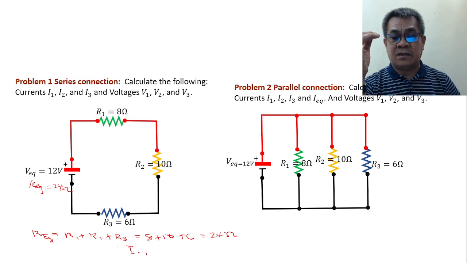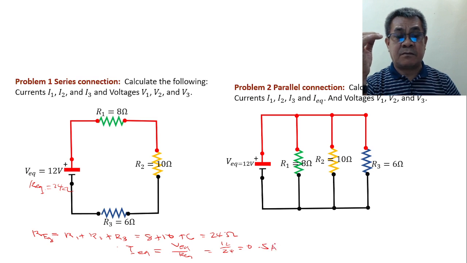And I equivalent is equal to V equivalent divided by R equivalent, and this is 12 divided by 24, and this is equal to 0.5 amps.